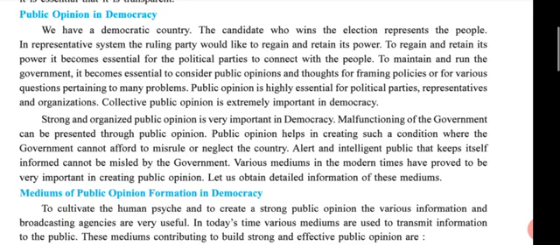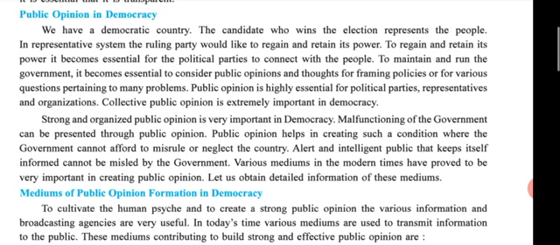Malfunctioning of the government can be presented through public opinion. Strong and organized public opinion. That means public opinion is important, but it is most important that one's vote is cast without any fear.